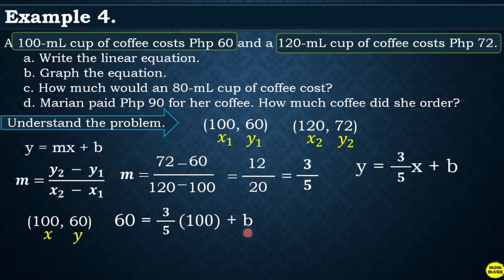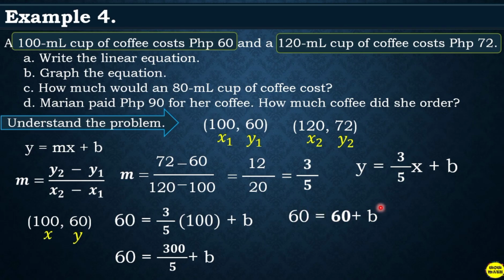So, b is what we are looking for here. Now, we have 3 times 100, that is 300 over 5. And then just copy 60, and copy b, which is your y-intercept. Now, from here, what do we do? 300 divided by 5 is 60. So we now have 60 is equal to 60 plus b.